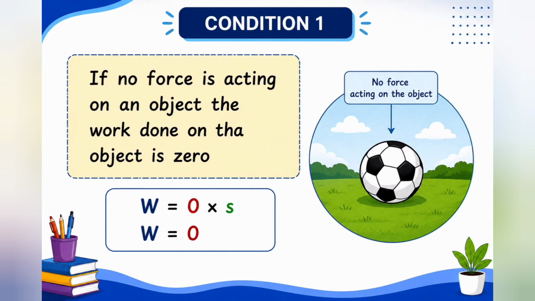If the force is 0, then W equal 0 multiply S, where S is displacement, that is 0. For example, imagine a football lying on the ground. Nobody is pushing or pulling it, so no force is acting on the ball. Therefore, the work done is 0. So remember, no force means no work done.